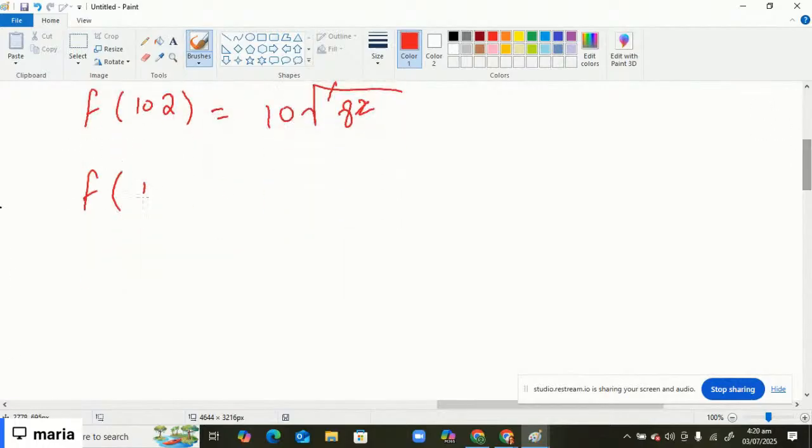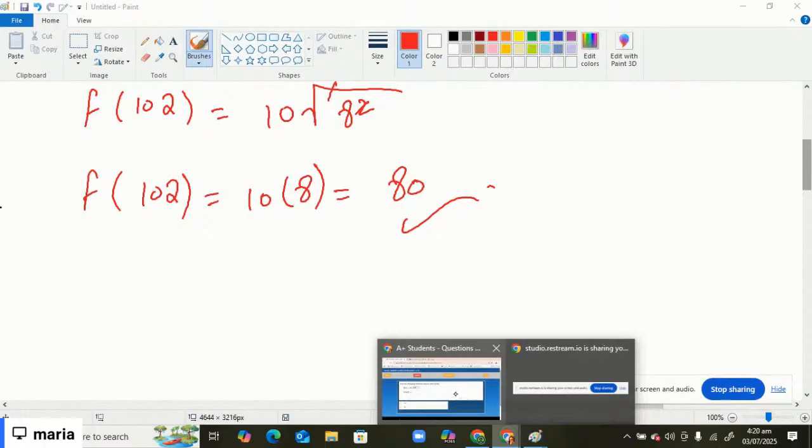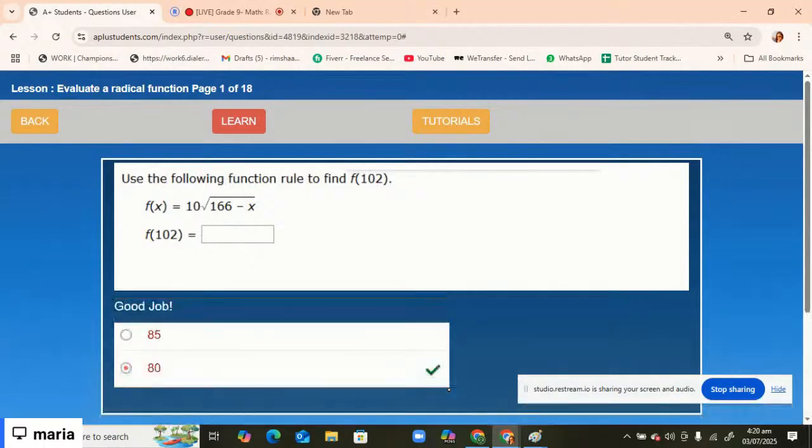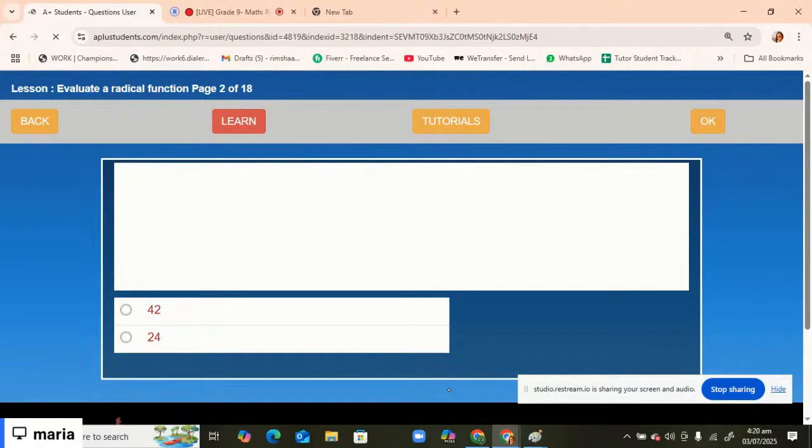And now f of 102 is equal to 10 into 8, and that is 80. This is f of 102. Let's see, is there any option for 80? Yes, let's check. Yes, this is the right answer.